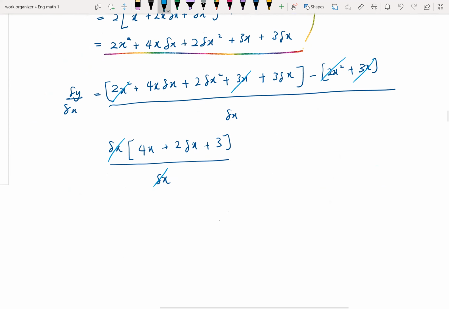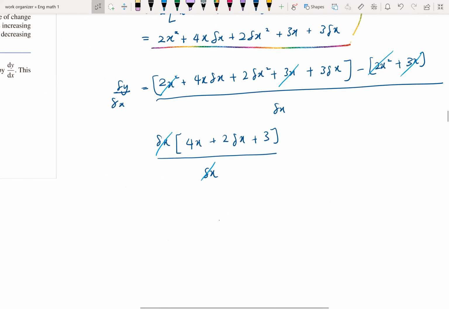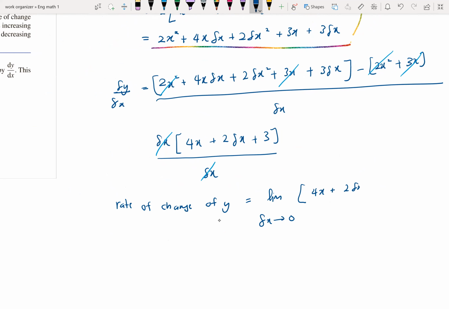So the rate of change of y is equal to the limit, since delta x tends to 0, of 4x plus 2 delta x plus 3.